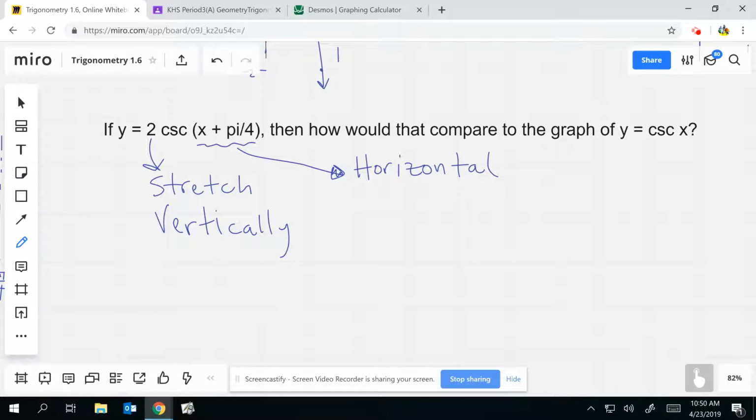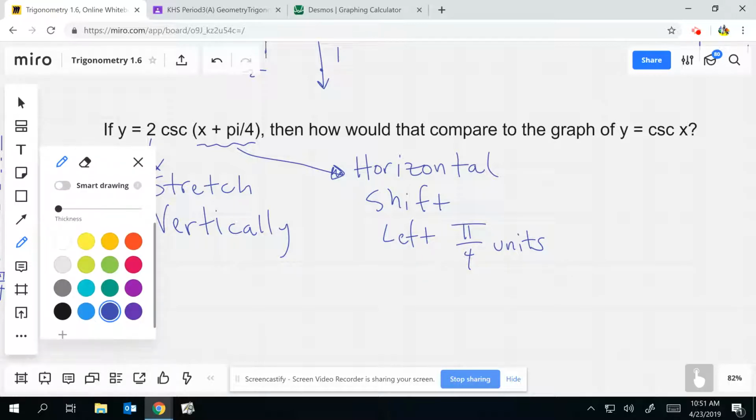It's a parentheses around the x. You would horizontal shift, and it would be left pi over 4 units. Pi over 4 radians, I should say, actually. Let's go radians. That would be a good idea. Pi over 4 radians.